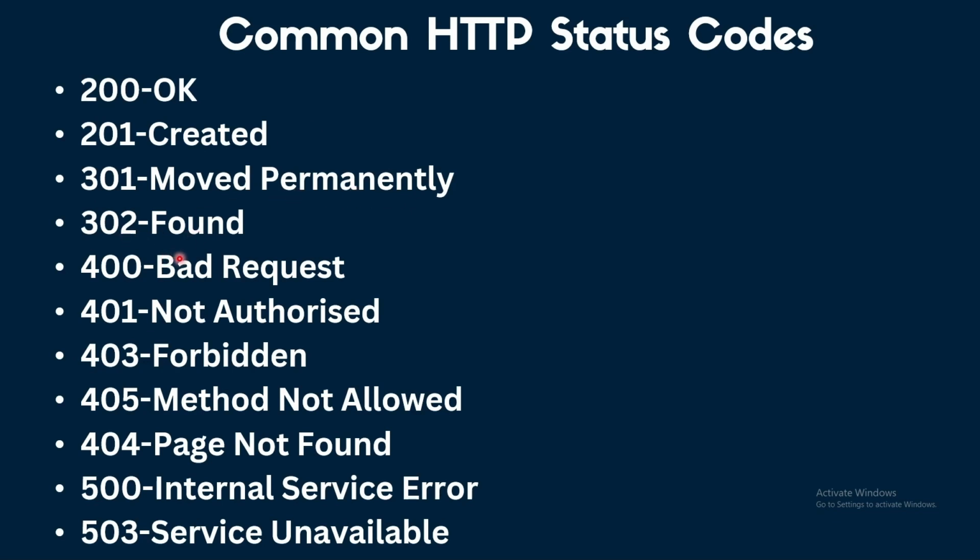It basically means a requested resource has been temporarily moved to the URL given by the location header. If you don't understand, I'm going to explain headers later, don't worry.